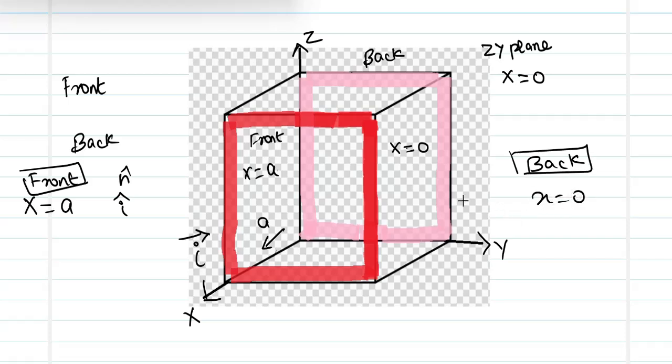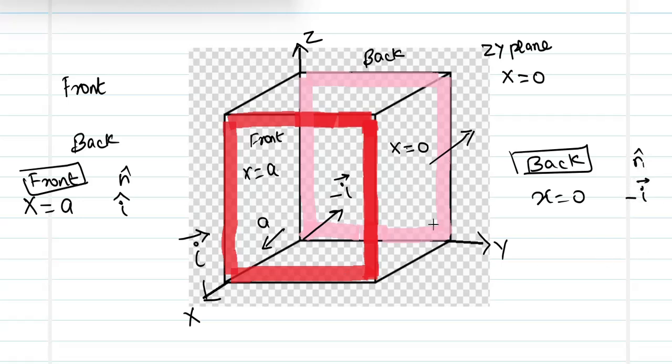So what will be the unit outward drawn normal? The unit vector in the direction of x is moving towards you, and the outward drawn normal will move in the opposite direction, that is in this way. So this vector is going to be denoted by minus i vector. So for the back face x equal to 0, my unit outward drawn normal will be minus i vector.